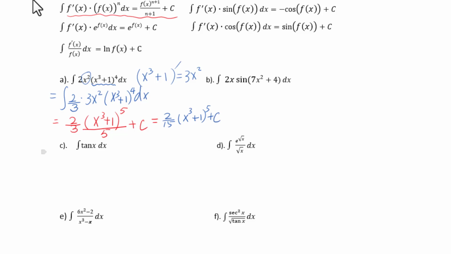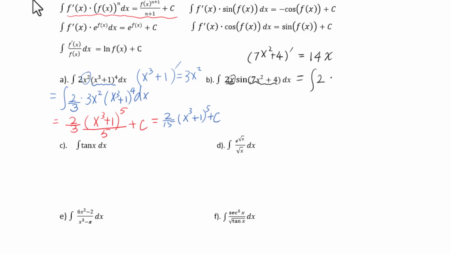Let's go to B. Integral of 2x times sine of 7x squared plus 4 dx. Analyze: we know 7x squared plus 4, prime, equals 14x. Here we have 2x, so we need to change it into 14x.